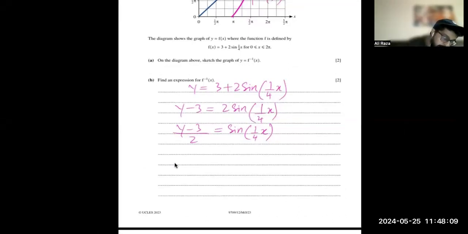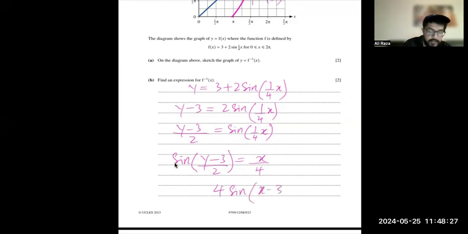Then we apply sine inverse on this. We multiply 4 to the left-hand side, so we get 4 sine inverse. And now we also change the symbols. So this becomes x minus 3 over 2, and this is equal to f inverse of x.